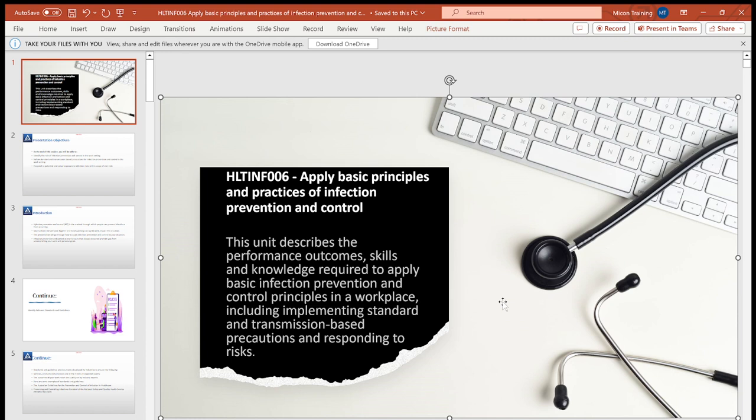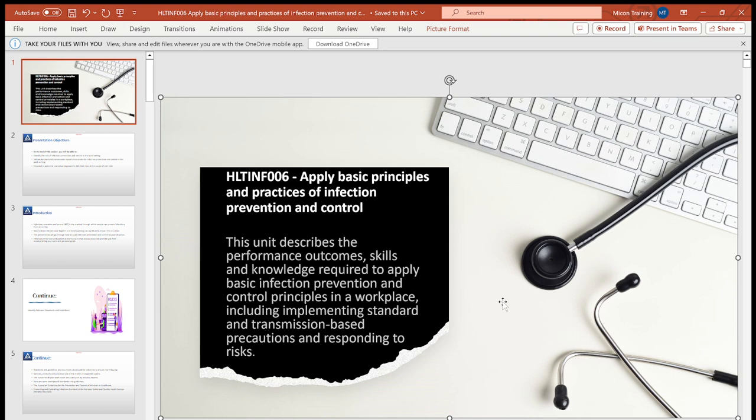This unit describes the performance outcome, the skills and knowledge required to apply basic infection prevention and control principles in our workplace, either we are working in the healthcare industry, construction, or food industry.